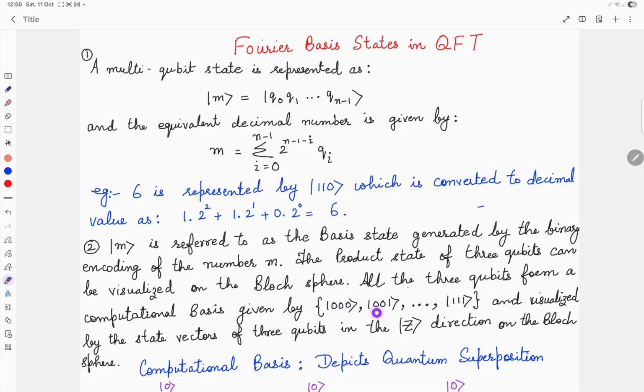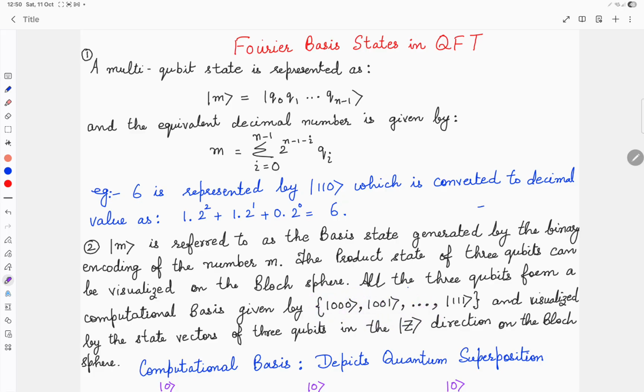Those 8 combinations will be termed as the computational basis, like ket 000, ket 001, ket 010, and so on, ending with the ket 111 state. And the quantum superposition state will consist of a linear combination of these eigenbases, right?